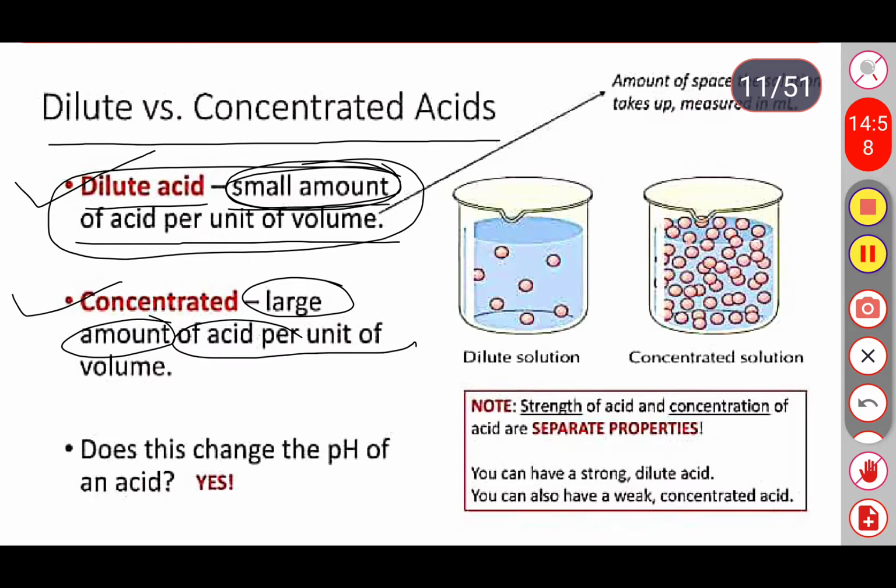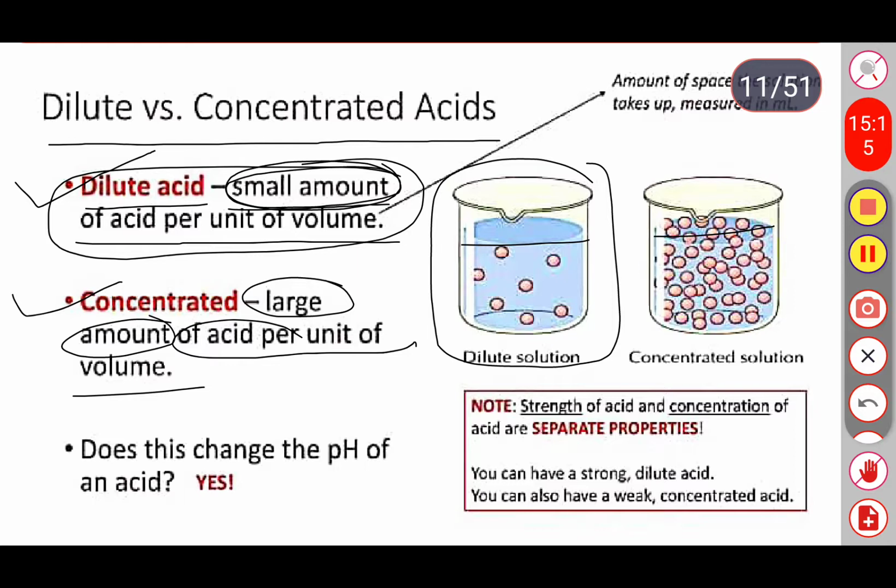A large amount of acid per unit of volume is called concentrated acid. So this is the diluted acid. In the figure you are observing, we have the same quantity of water in two beakers.